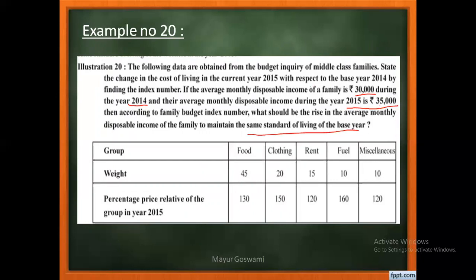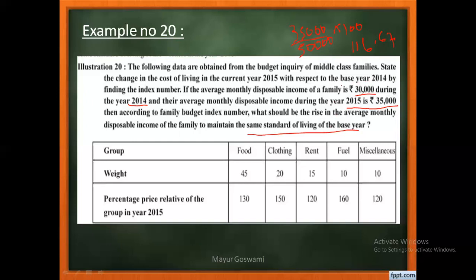So for 2015, what will be the index number? If I write here, it is 35,000 divided by the base year 30,000 into 100. Okay, so your answer is 116.67.